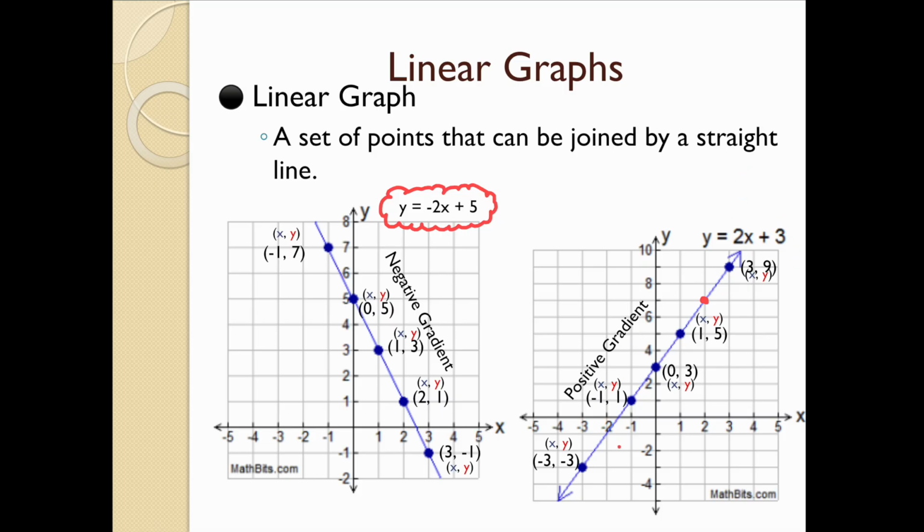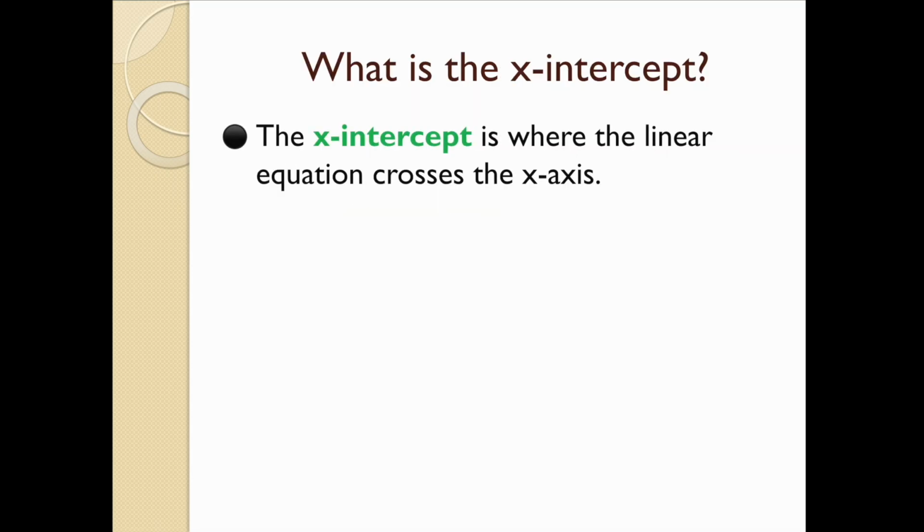And if you look on the graph now, what is the y-intercept? 3. So how do you think he knew that on this graph here, the y-intercept was 3? Because that is where it crosses the y-axis. So when you look at this formula here, what is the gradient? 2. Excellent. So y'all catch the concept now, right? Y'all see the link between the formula and the graph now? Yeah.